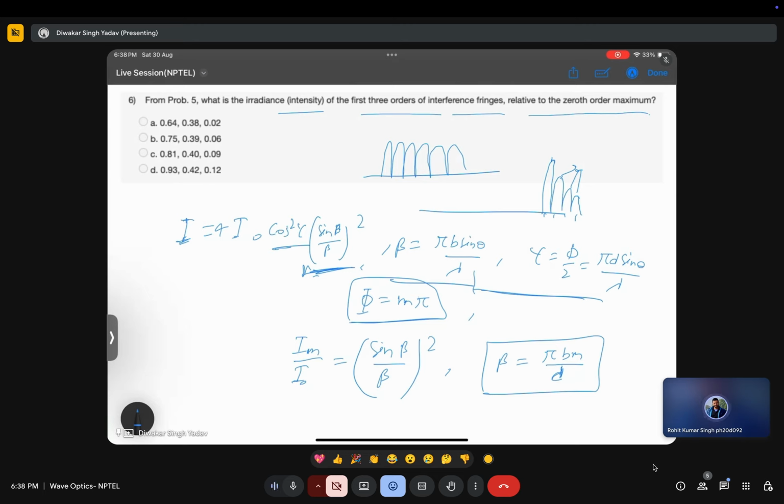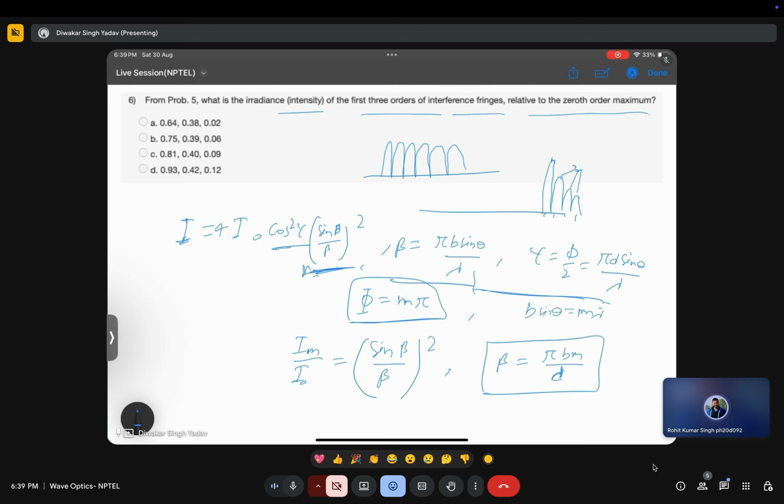So this is the beta that we can use, but no, wait. b sine theta equal to m lambda.